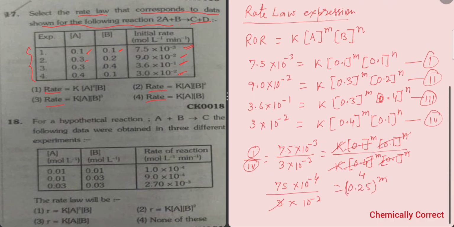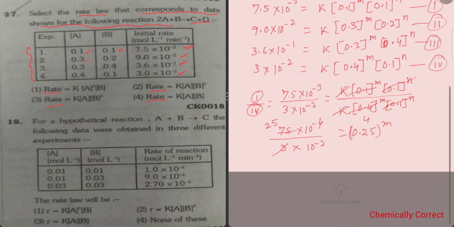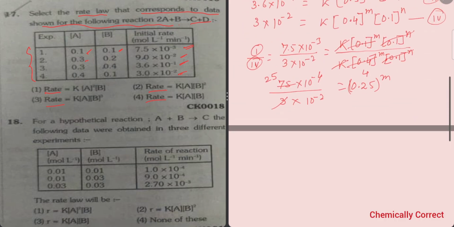On the left, 75 divided by 3 is 25, so we get 25 into 10 raised to the power minus 2 on the left, which reduces to 0.25, equal to 0.25 raised to the power m.